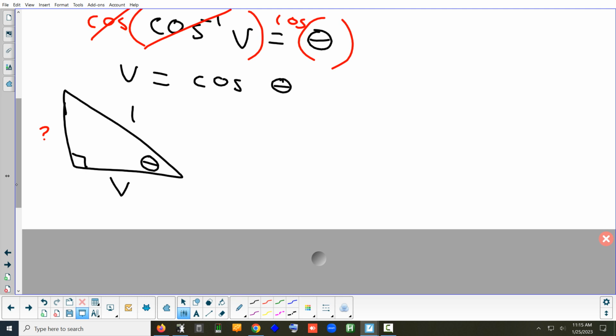We're going to use the Pythagorean theorem. So if you want to call it something temporary like x, you can. We're going to get rid of that x in a second. We have x squared plus v squared equals 1 squared. Bring your v squared to the other side.